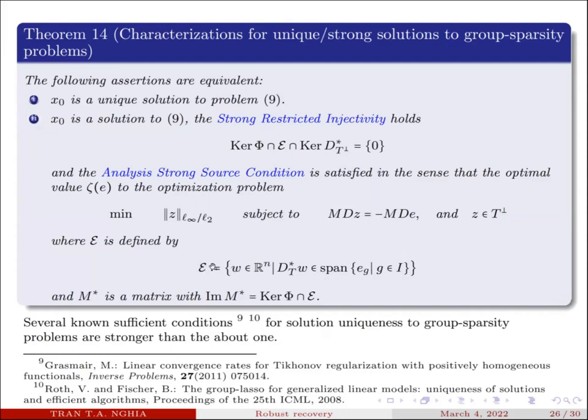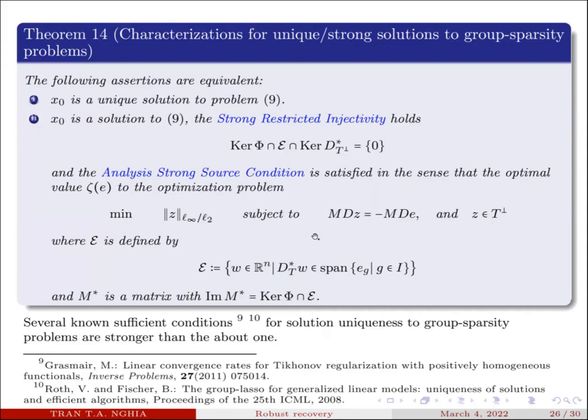All right, we can compute this one directly, and the analysis strong source condition is also very similar to the source condition, but instead of using the matrix M, we use the matrix M star, and the difference is the image of M star is the kernel of phi intersection with the set E right here.